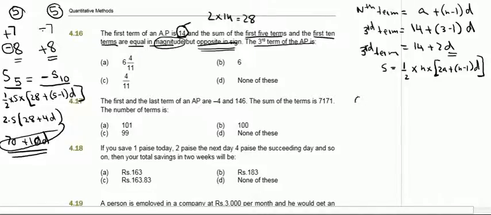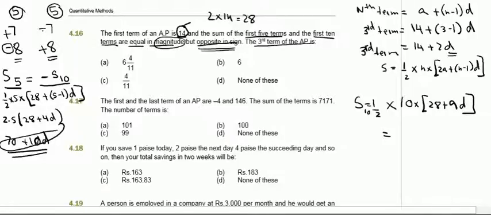Now let us look at the sum of 10 terms. The sum of 10 terms should be half into n, which is 10, into (2a, which remains the same, 2a is 28, plus (10 minus 1), which is 9d).